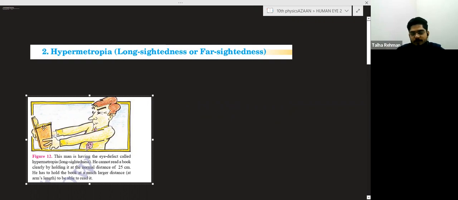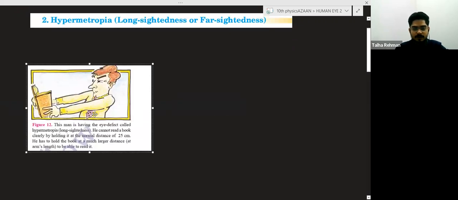This book is nearby this person, so this person is not able to see the text clearly, because this person is suffering from hypermetropia. So hypermetropia is a defect of the eye due to which a person cannot see the nearby object clearly.